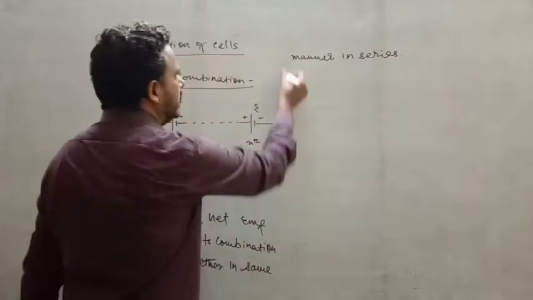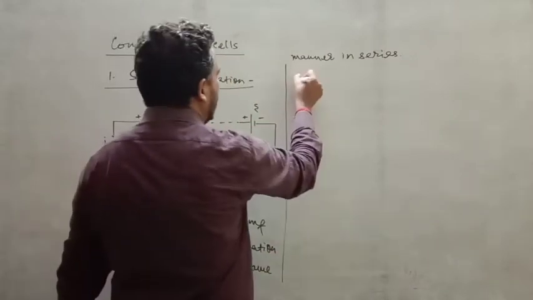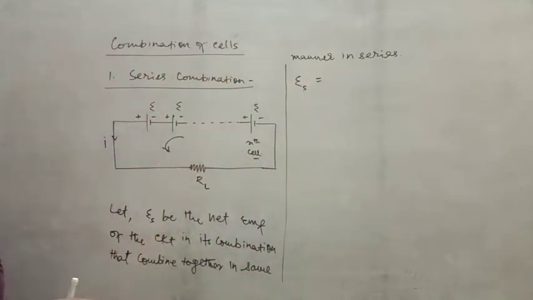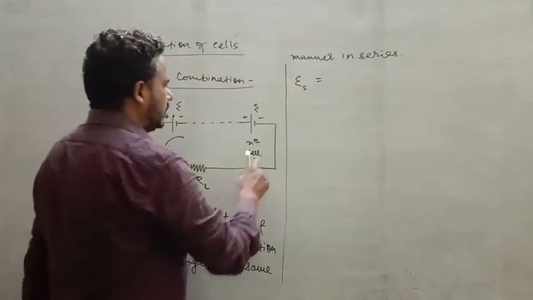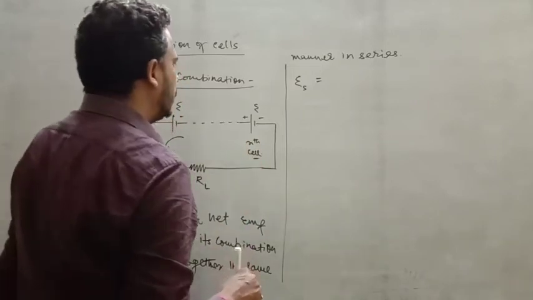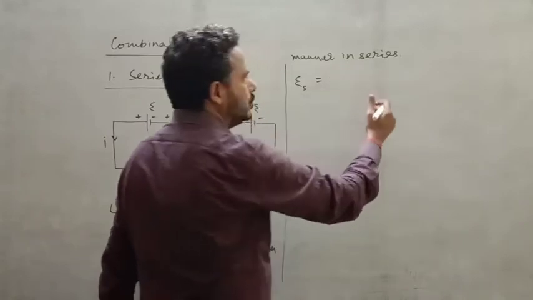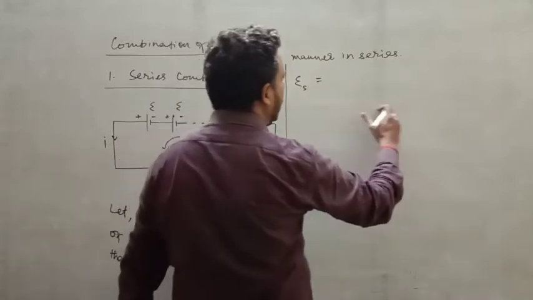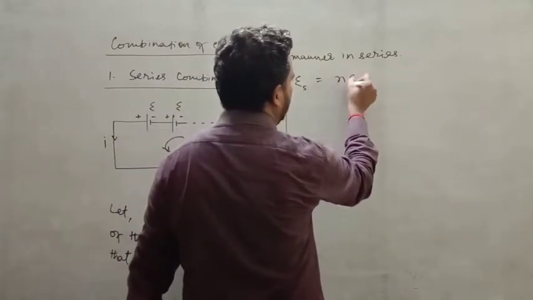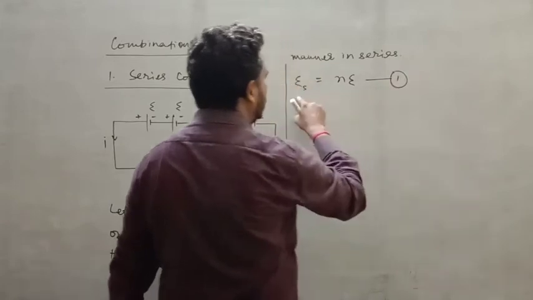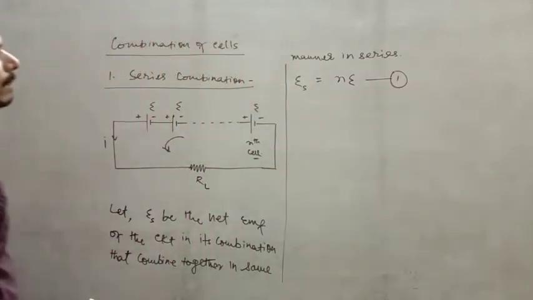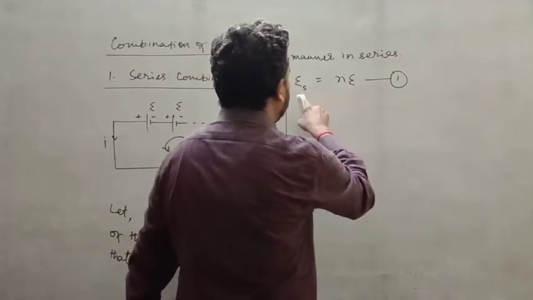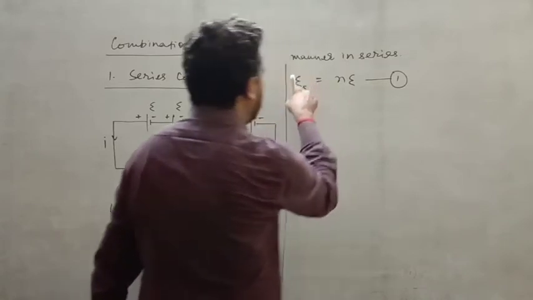Alright, that's why your ES, because the cells are simply connected in series and there are n number of cells, is simply E1 plus E2 plus E3 up to En, so that would be n numbers of E. So you have got the EMF that is connected in series, and its equivalent is ES.